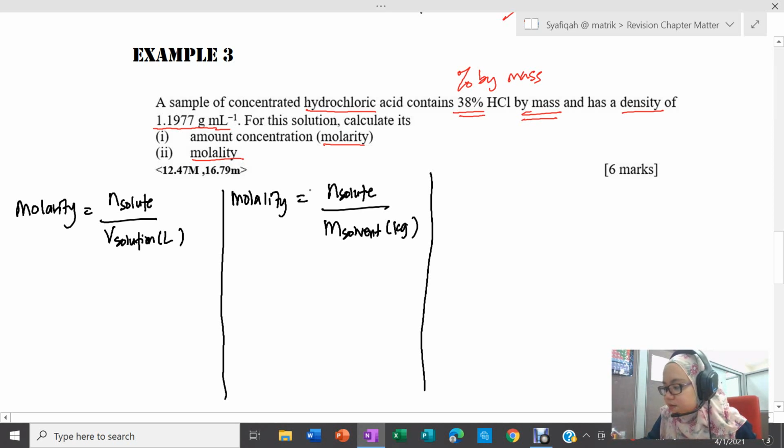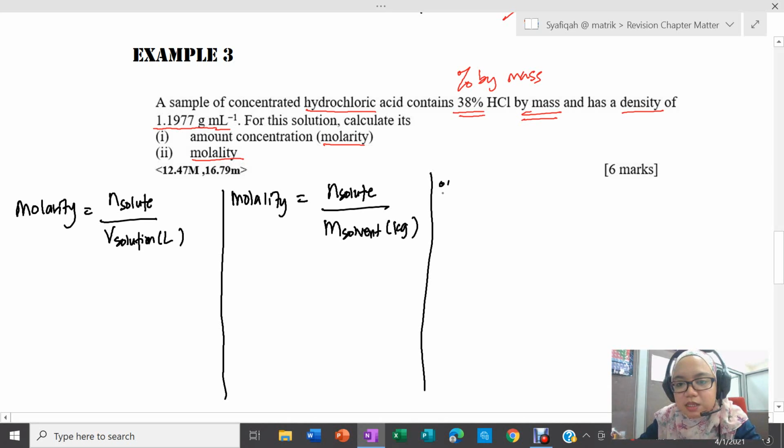Dekat sini, okay. Kita ada percentage by mass, betul?